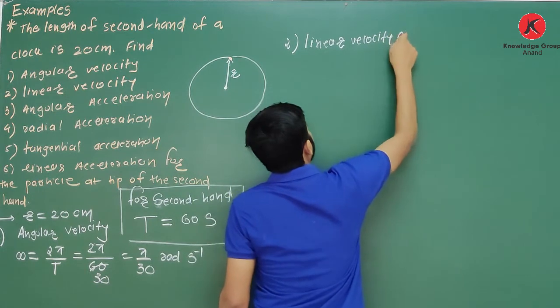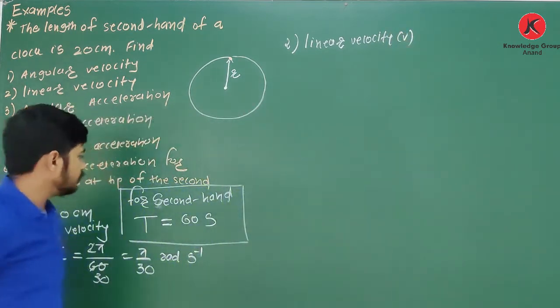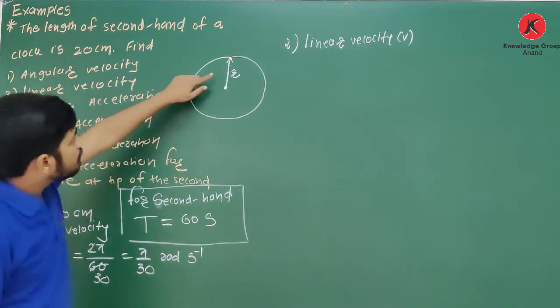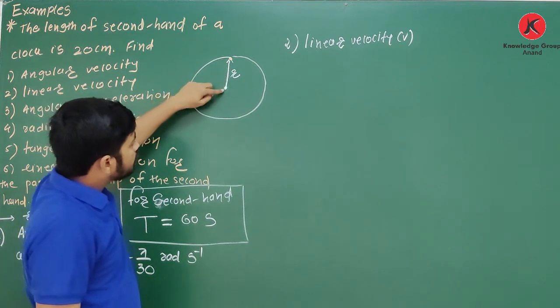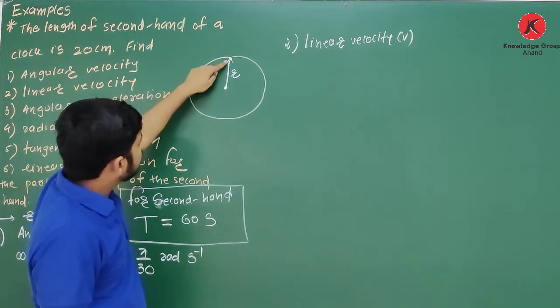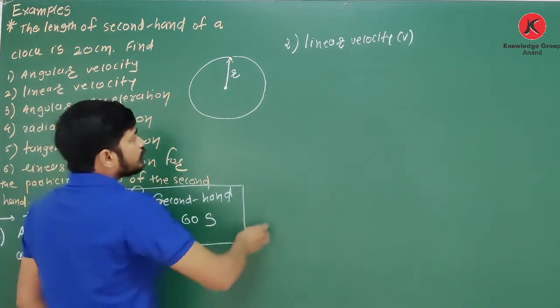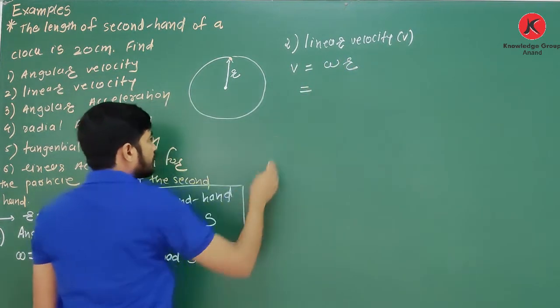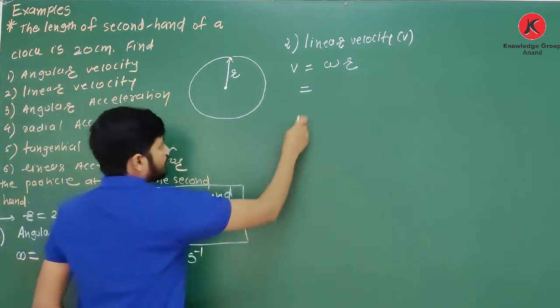Linear velocity means v. Angular velocity means omega, that you know. For the particle at time t, from the axis of rotation, the particle is at distance r. So its linear velocity v is equal to omega times r. What is the value of omega? Here it is pi by 30.